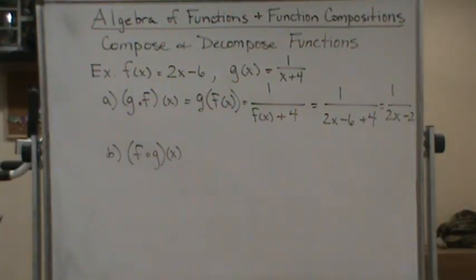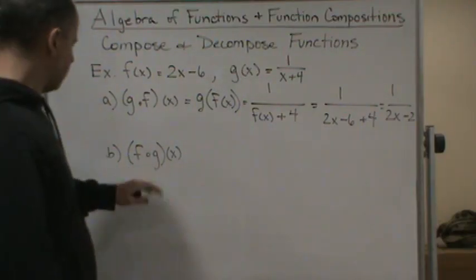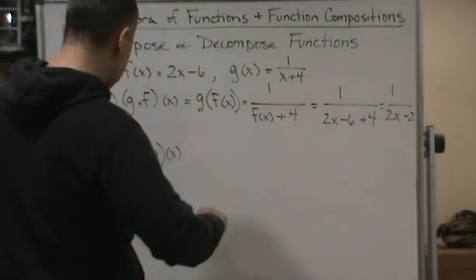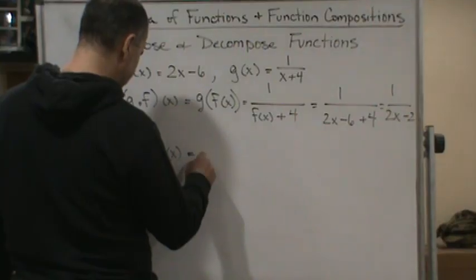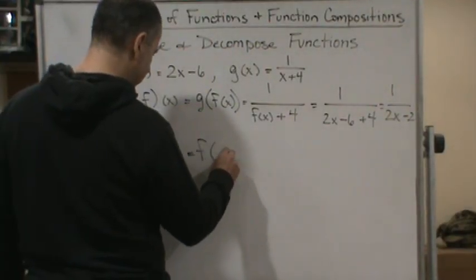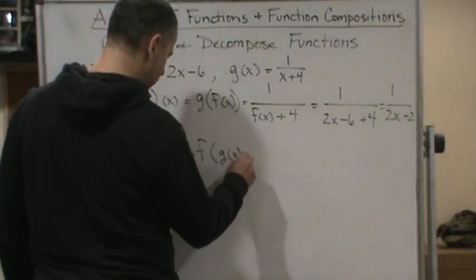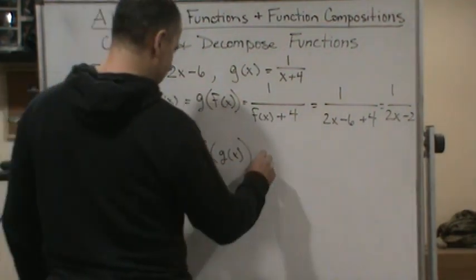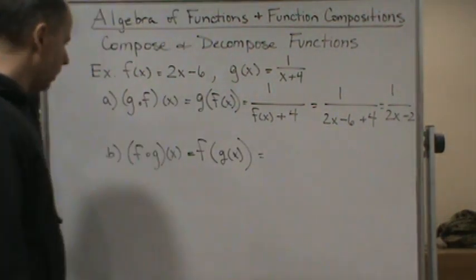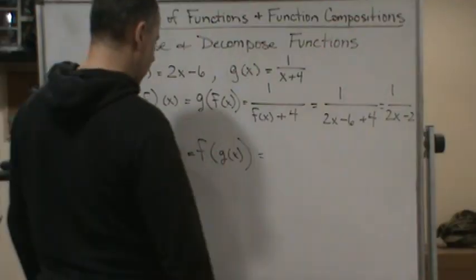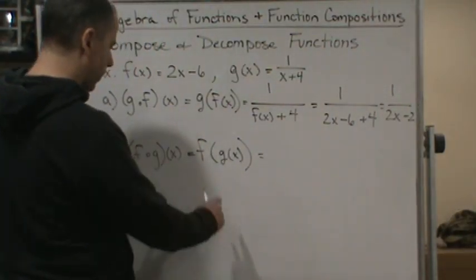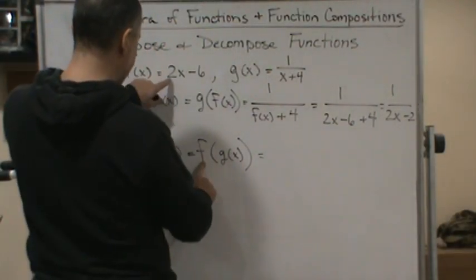Okay, now, what about f circle g? Well, let's do that one. So that means that we have f of g of x, okay? And then if we come up with the rule, right? So we're going to stick g in f. So here's f.